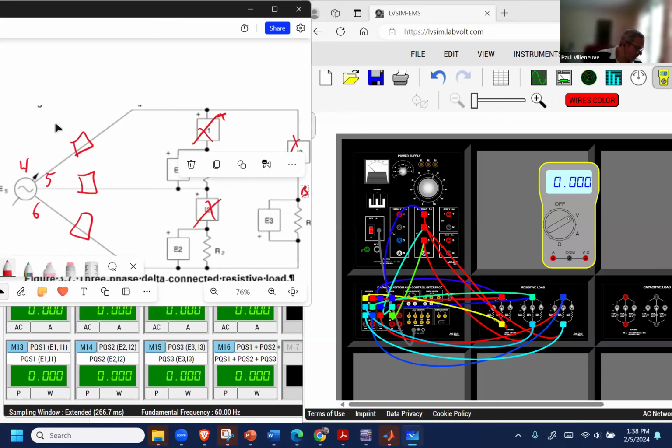So all we have to do is do a standard delta. This is a much easier circuit to lay out. And we can build this circuit here. I don't know if it's doing that. I might have to hide this. I'm not sure why this doesn't want to hide.